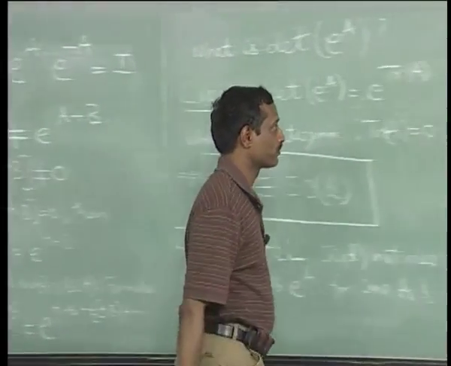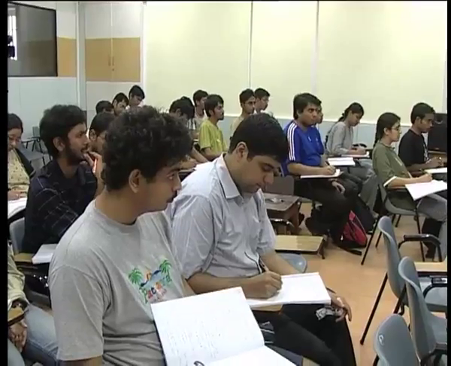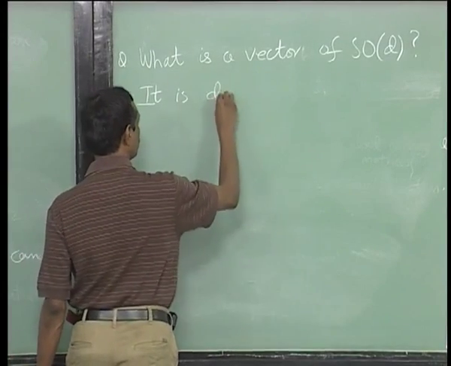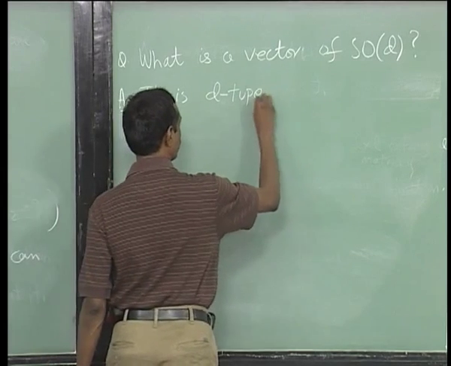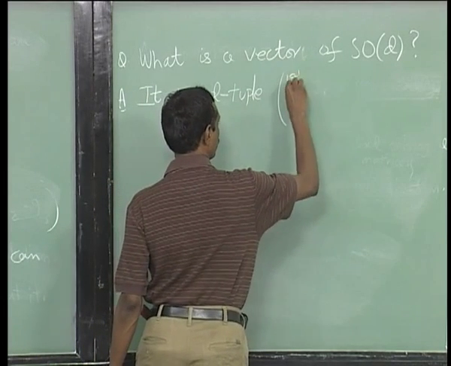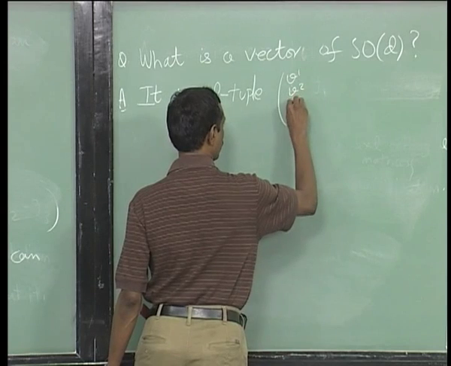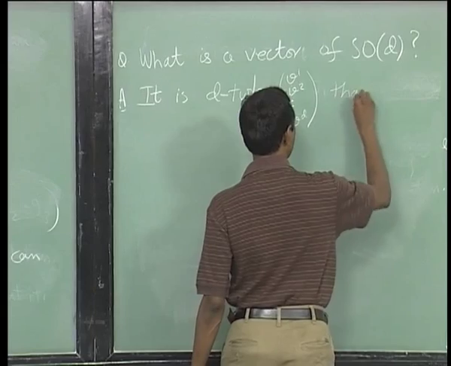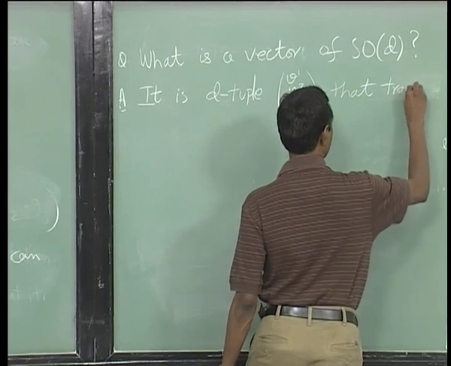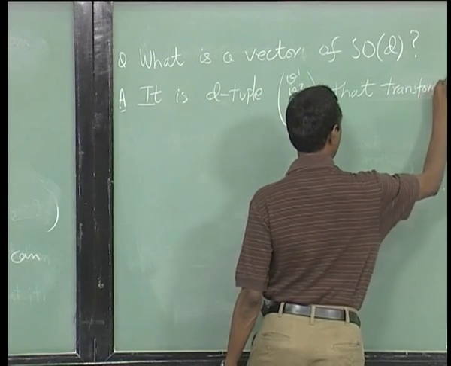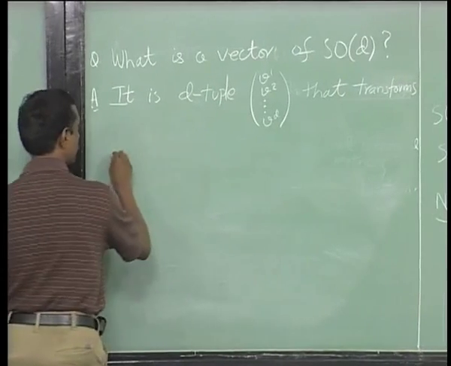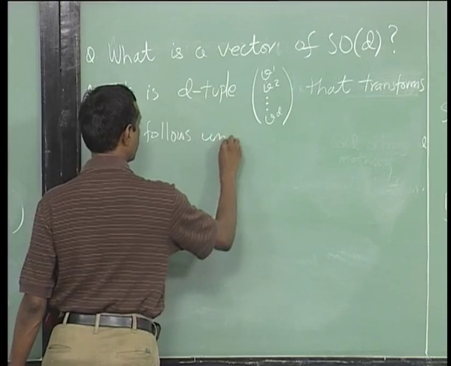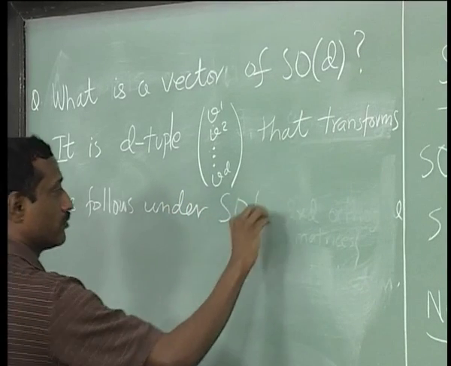Okay, so the answer: it is a d-tuple, any d-tuple that transforms as follows under SO(d) transformations.